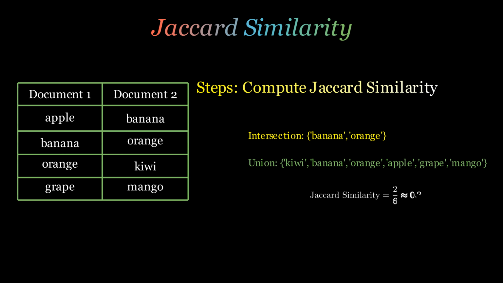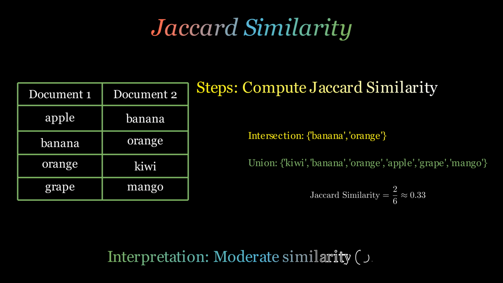The result is approximately 0.33. A Jaccard similarity of 0.33 indicates that the two documents have some similarity, but it is not very high. This metric is particularly useful when comparing sets where the presence or absence of elements is more important than their frequency.